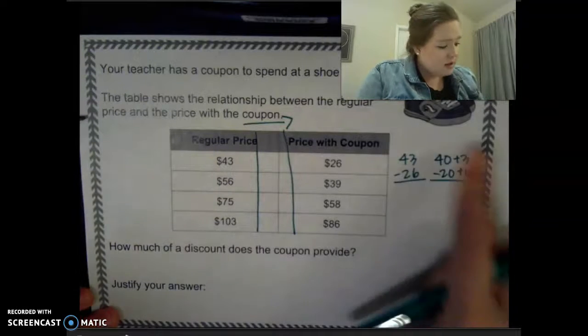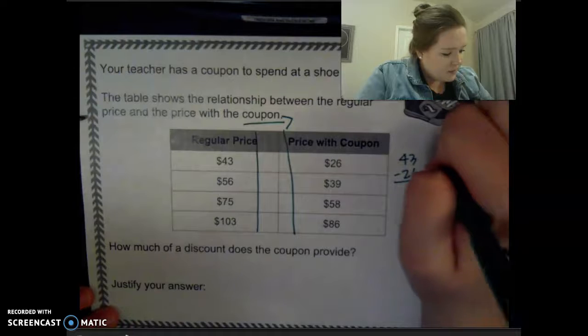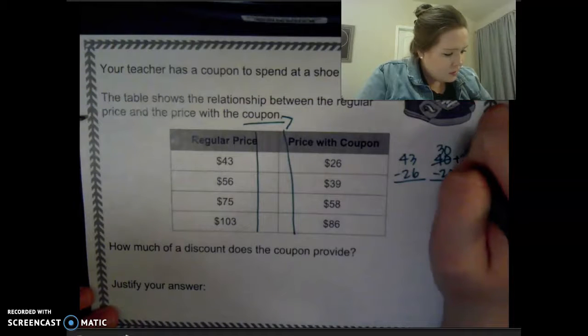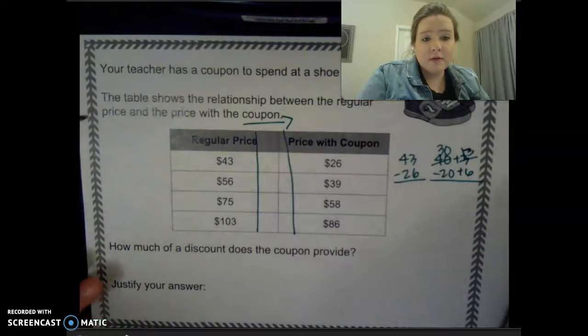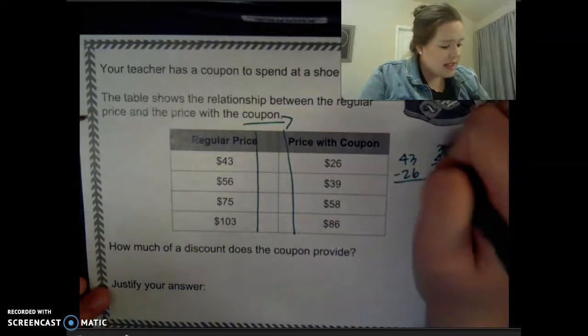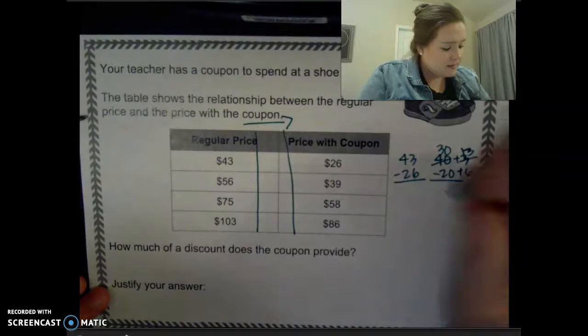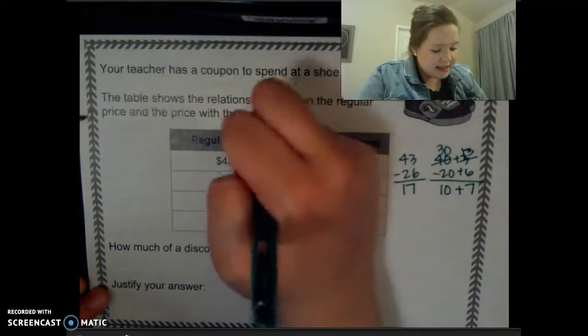Okay, 3 minus 6, I can't do that. That equals 13. 13 minus 6 is, good, 7. And 30 minus 20 is 10. So that's 17. That means you subtracted 17.